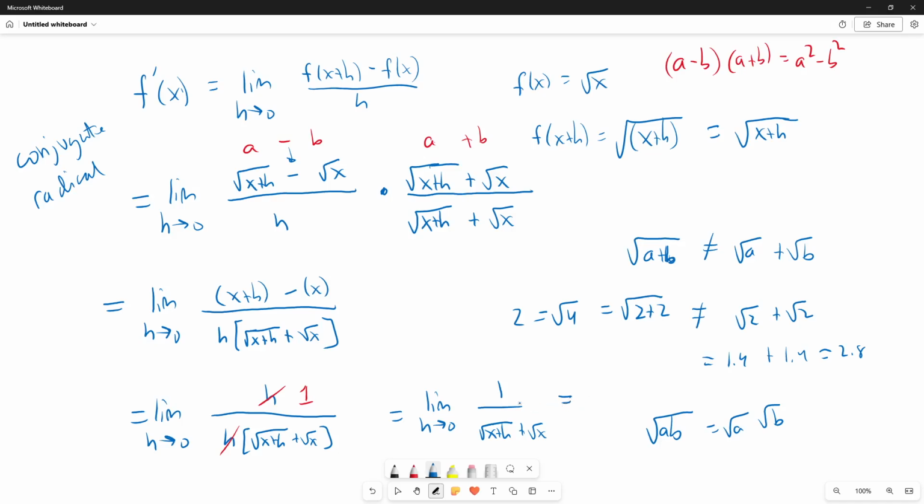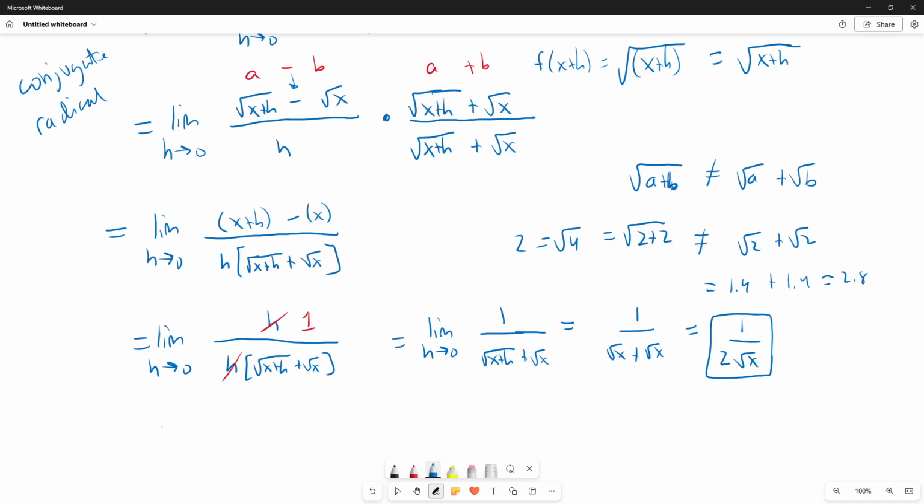Okay, and this limit, plug in 0 for the remaining h. Plugging in 0 for h, we get square root of x plus square root of x. And so the final answer can be written as 1 over 2 times the square root of x.